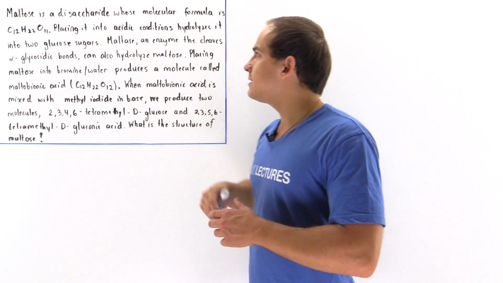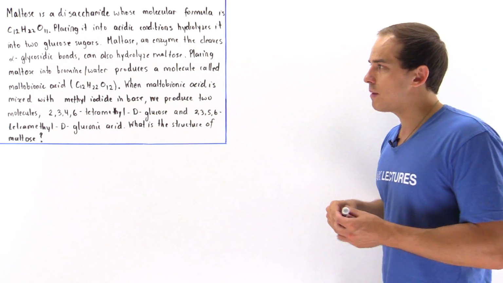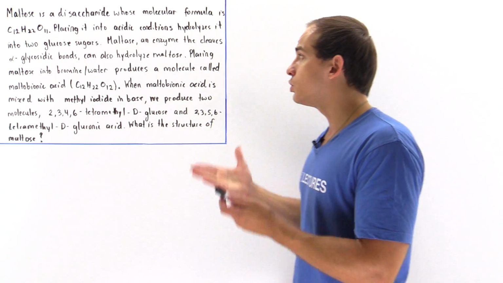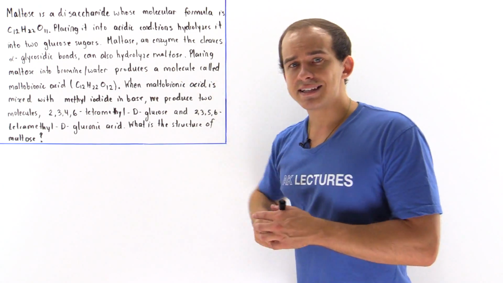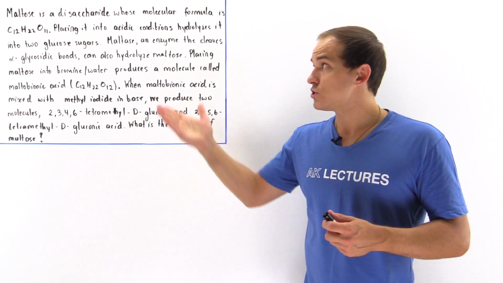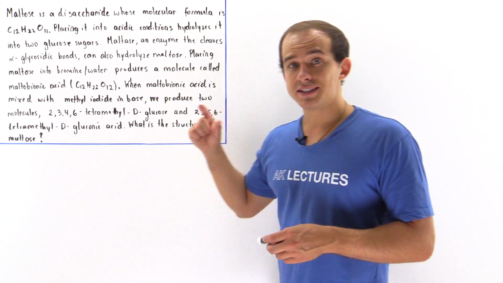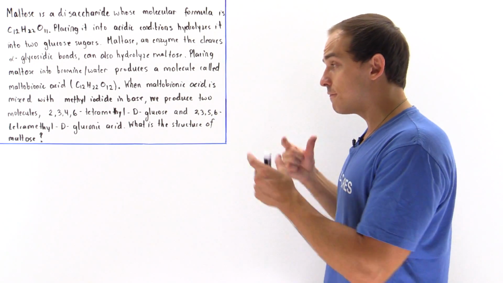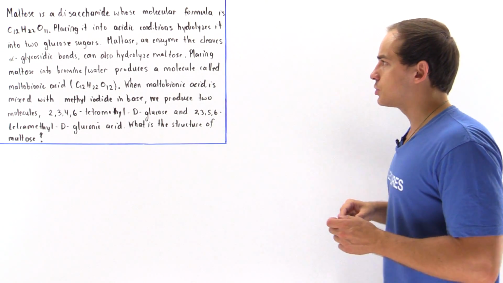So, placing it into acidic conditions hydrolyzes it into 2 glucose molecules. This tells us our 2 sugars in maltose are glucose sugars. Maltase, an enzyme that only cleaves alpha glycosidic bonds, also cleaves maltose. That implies that the orientation of the hydroxyl group on the first glucose molecule is in the alpha direction.